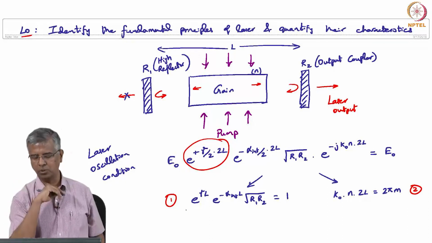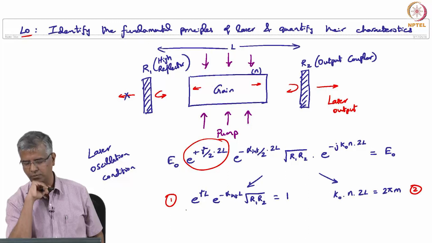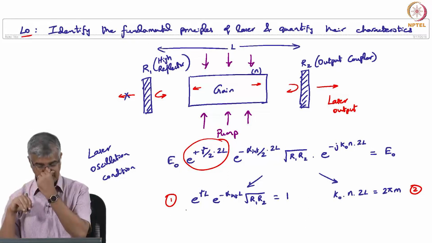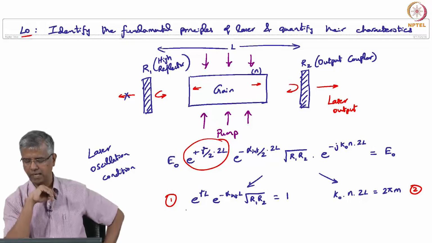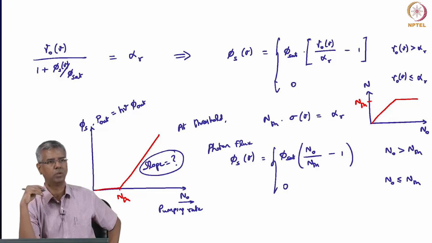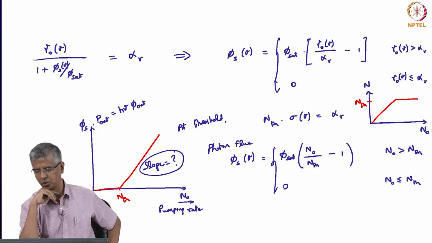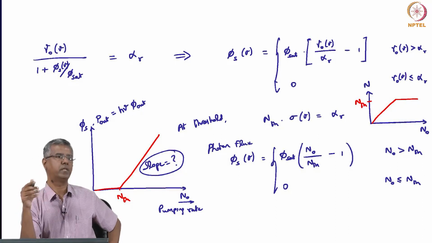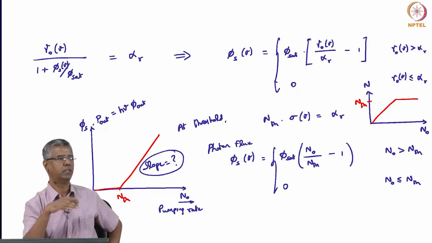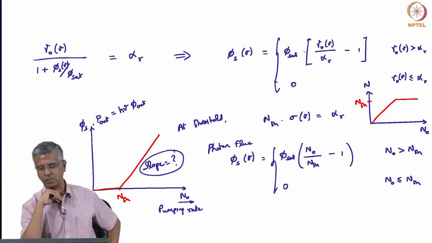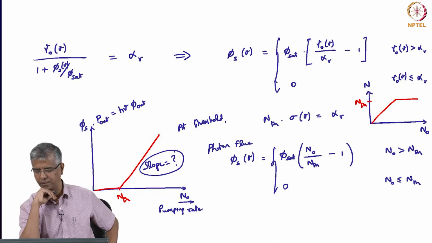We basically were trying to get an expression for phi s, and phi s we said is given by phi sat, this is the saturation flux, multiplied by N naught over NTH, so how much is the small signal gain over the threshold gain, because any small signal gain that you have beyond the threshold gain is actually contributing to the extra signal photons that you are having in the cavity, minus 1, right?